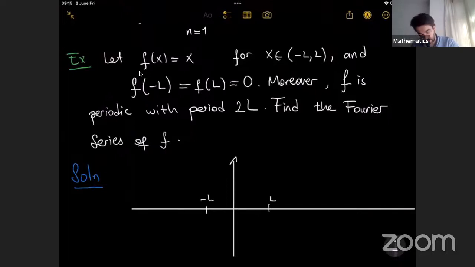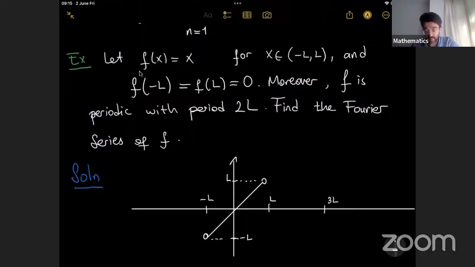So it's going to be like this. Open, because the endpoints are not included. Well, we know that it's 2L periodic, so it will repeat itself every 2L, from L to 3L, for instance.